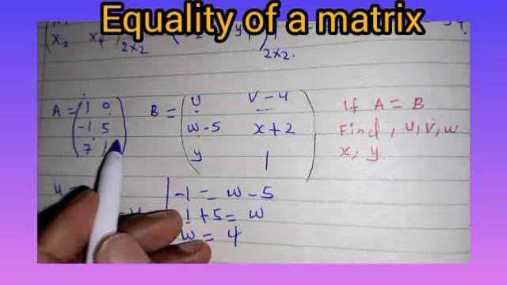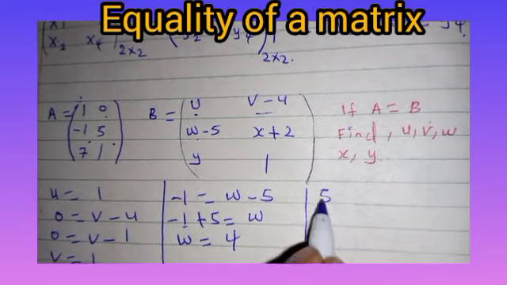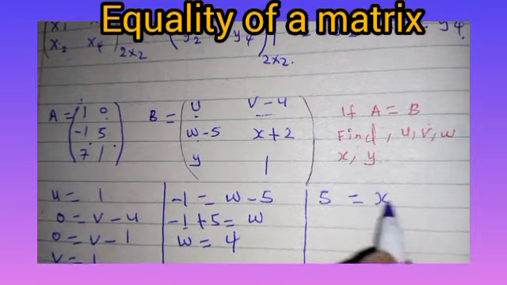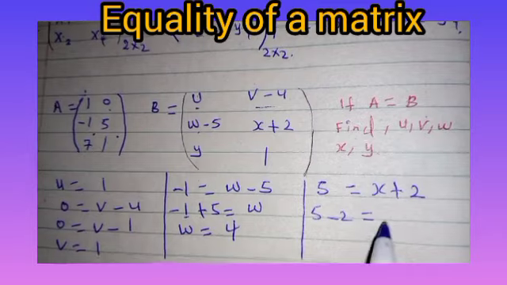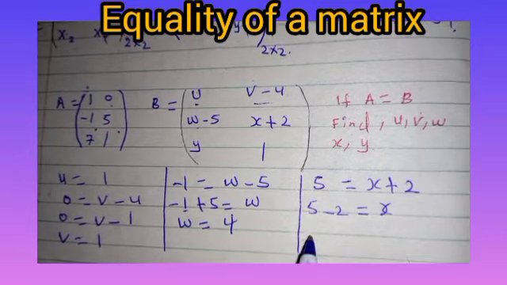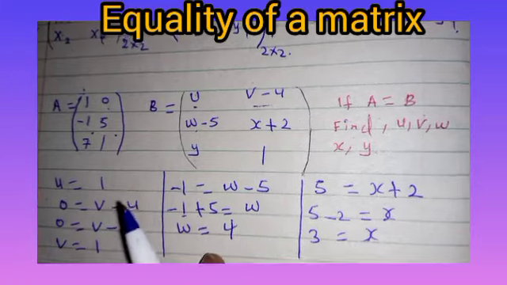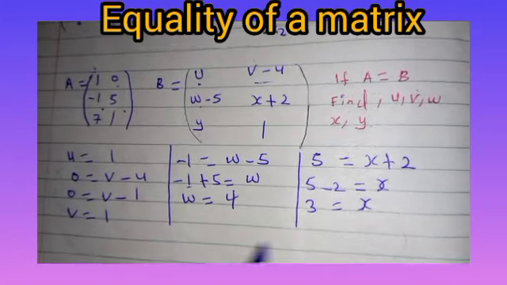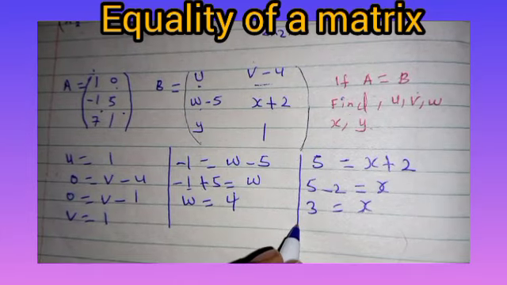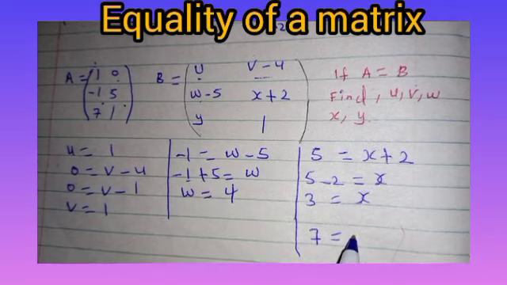Then 5 corresponds to x plus 2. 5 minus 2 is equal to x, meaning that x is equal to 3. Then finally, our 7 corresponds to y, meaning that 7 is equal to y.